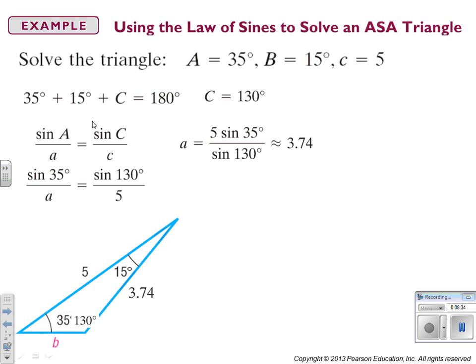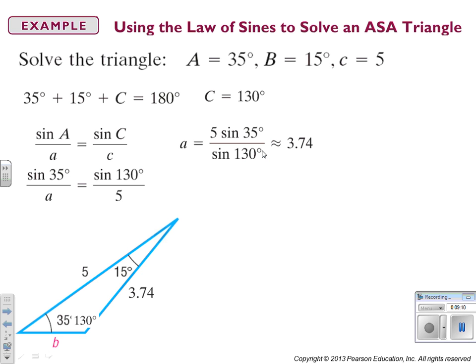I'm going to again use sine C over C. Even though you know angle A is 35 degrees and side A is approximately 3.74, I would avoid using that to solve for B because we have rounded in this situation. You don't want to use something that you've rounded or solved for, because depending upon how many decimal places you've rounded to, it might change the answer a little bit.